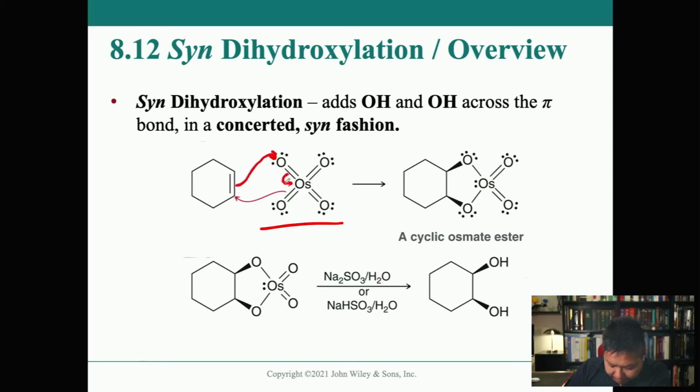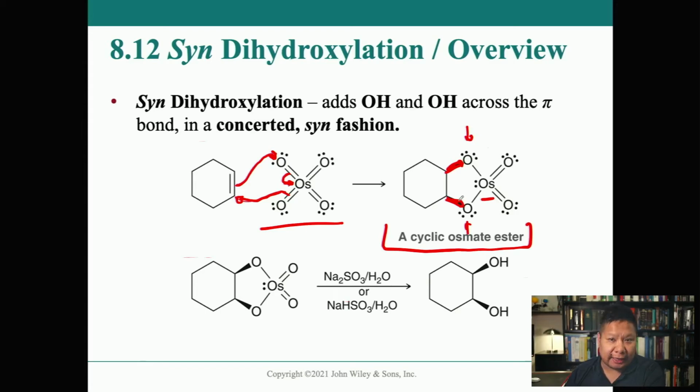We lose that bond there, and then this kicks up over here to fill in that electron density. And again, we have a bridging moiety. But this time there are oxygens on both sides. The interesting thing to note is that they are syn added to the cyclohexane. They're on the same side.